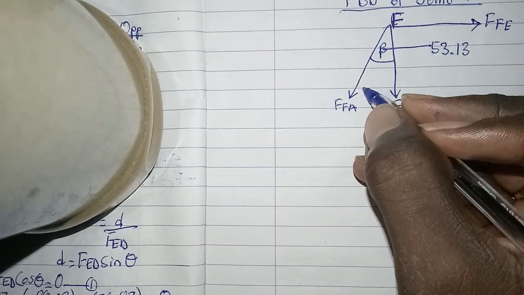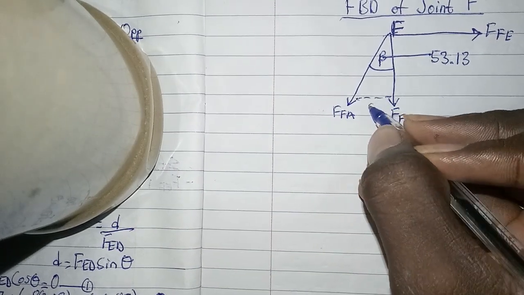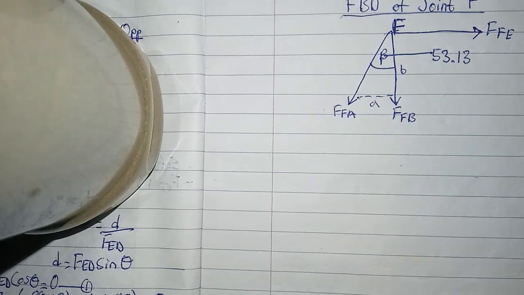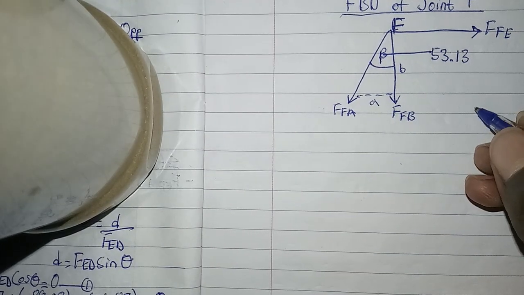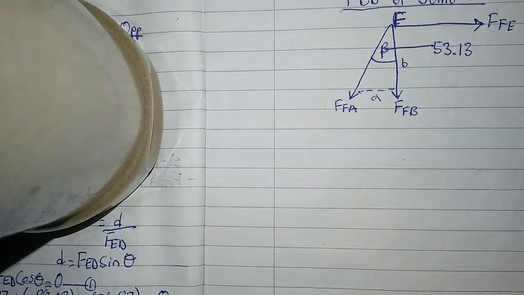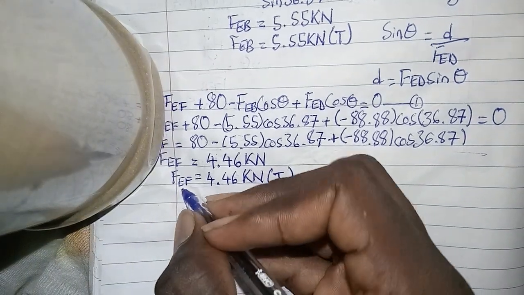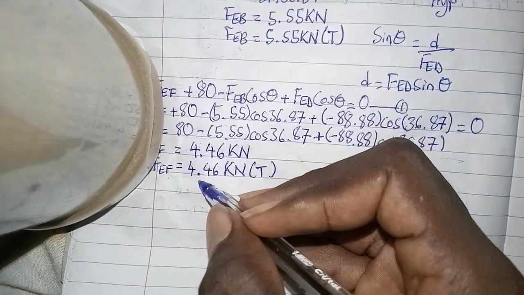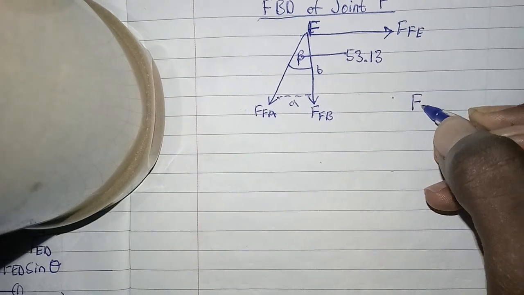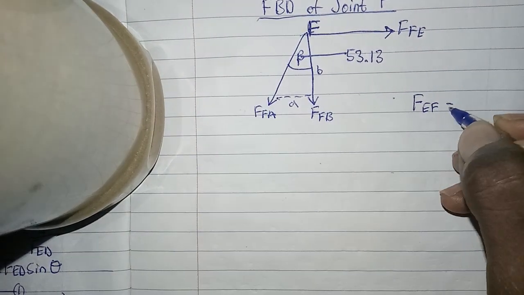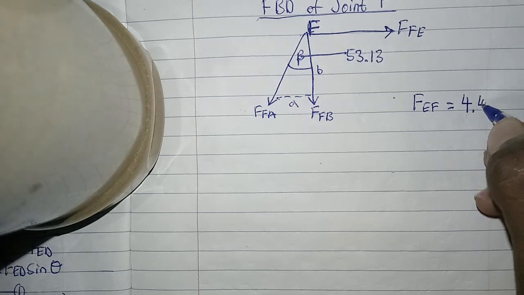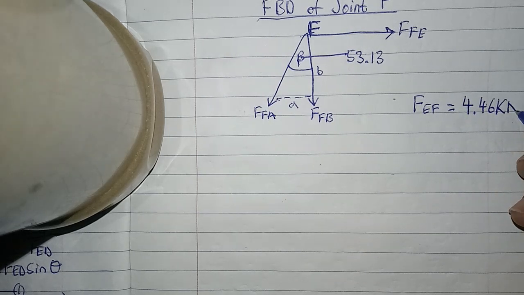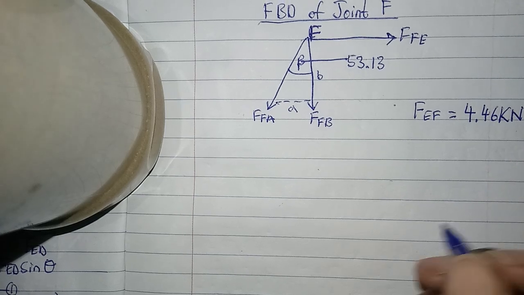So let's assume here to be A, here to be B. From the previous ones, we got force EF, or force FE, to be equal to 4.46 kilonewton. This is under tension.